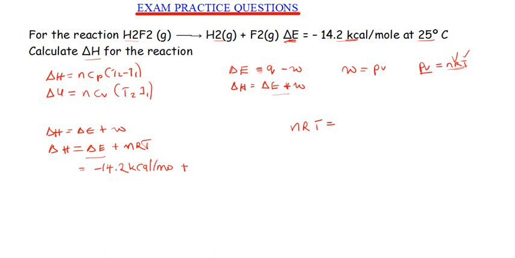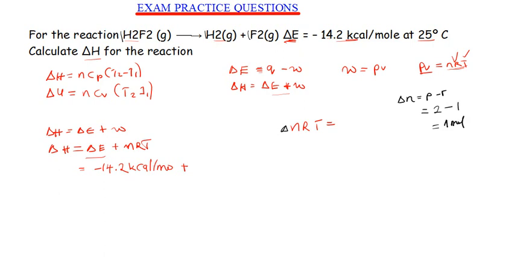There was change in number of moles. The change in moles will be given as product moles minus reactant moles. I can see there's one here and also there's one here under fluoride. So that will be 2 minus, there I only have 1. So the change in number of moles is 1 mole.